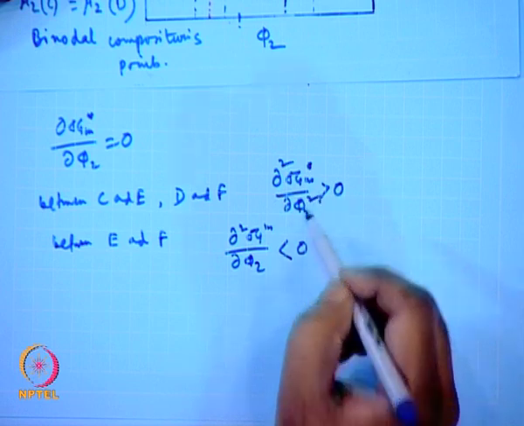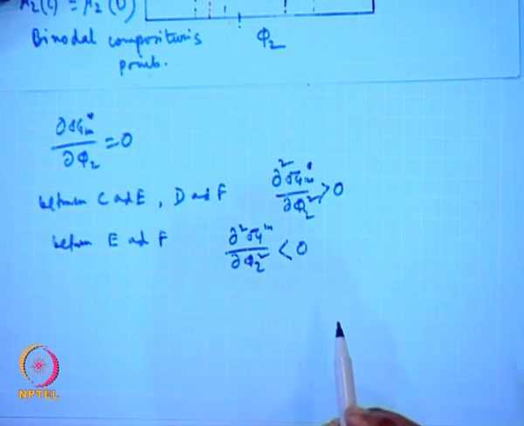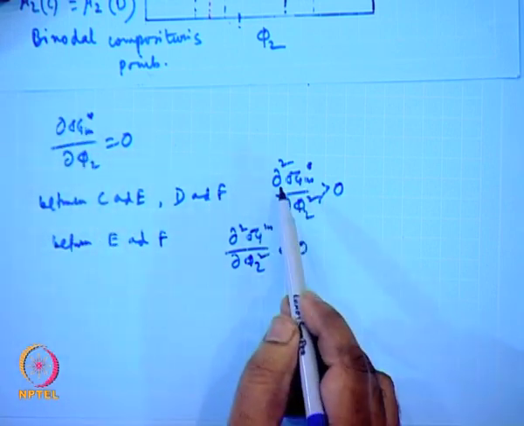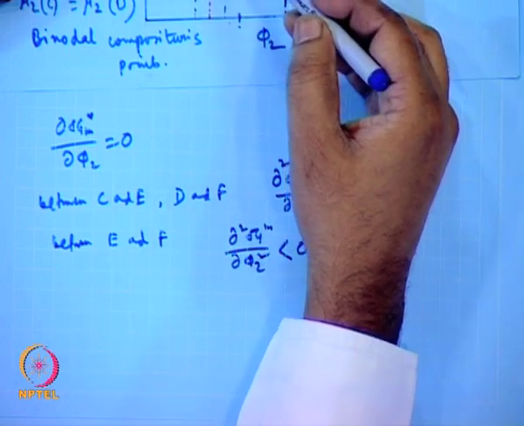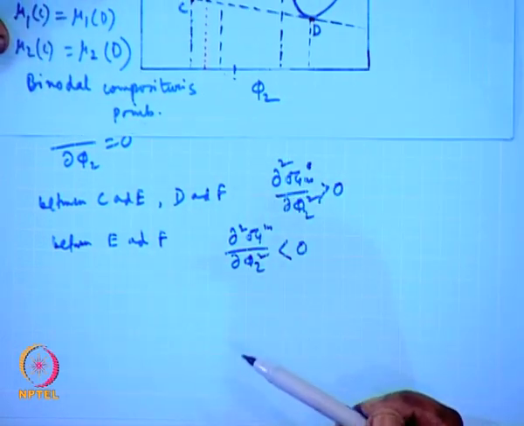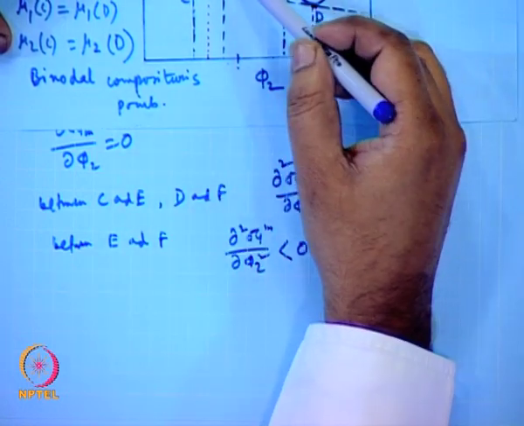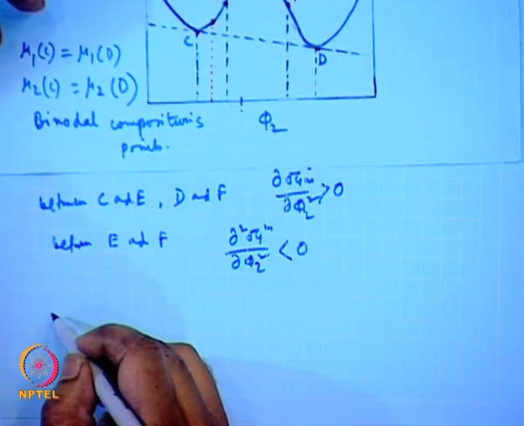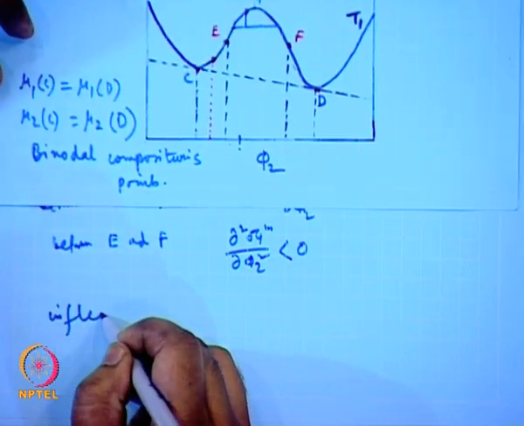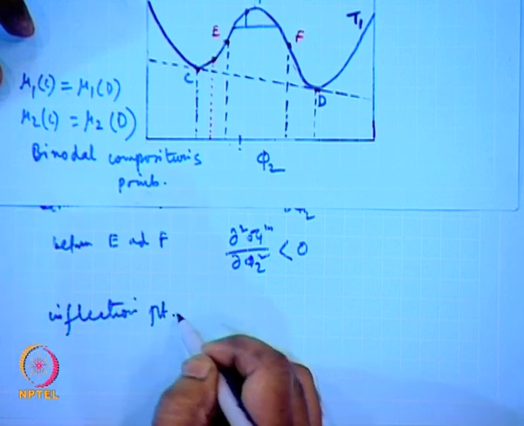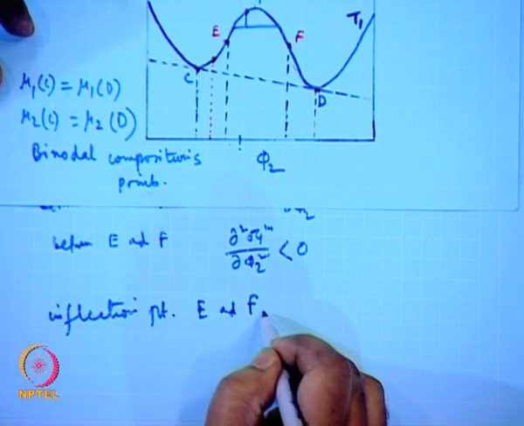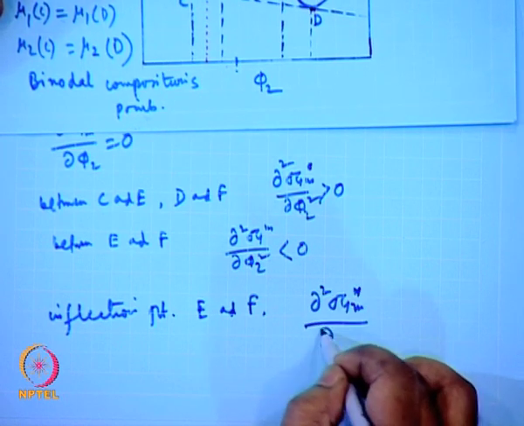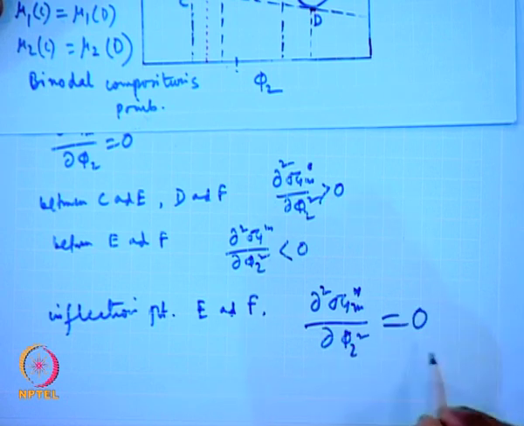So, I put this. This is the slope and this is the rate of change of slope. Okay. This rate of change is moving in a positive direction here and a negative direction here, and at the inflection points, which are E and F, it would be 0. Okay.